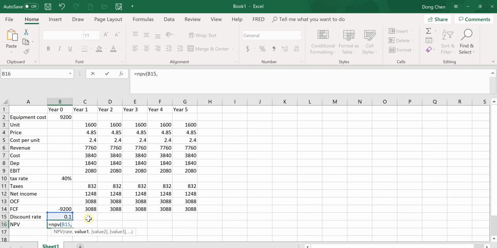So that means once we input all the subsequent future cash flows from year 1 to year 5, we still need to add the current cash flow. Why do I add? Because I have already taken care of the sign on the cash flow. So that's why I have to add rather than subtract.